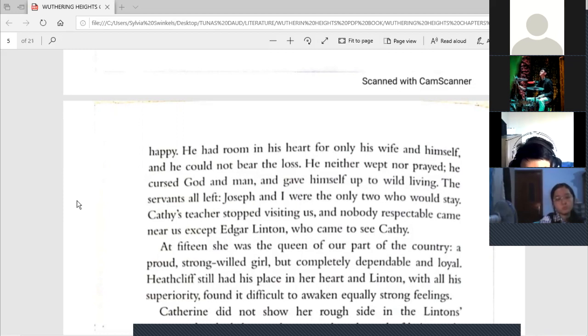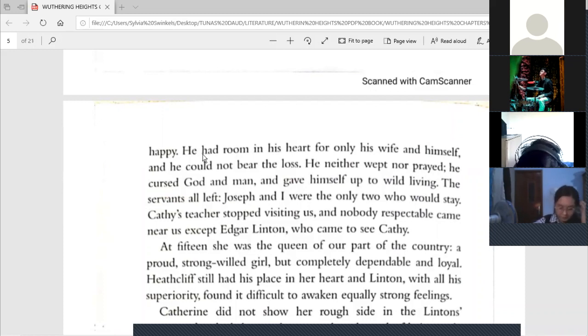What does it say about Mr. Hindley's behavior? Maybe his mental health is sick because of his wife's death. Yeah, because his wife passed away, right? Very good. So it's safe to say that his whole attitude and his behavior is very bad. Yeah, he starts drinking, he becomes violent.